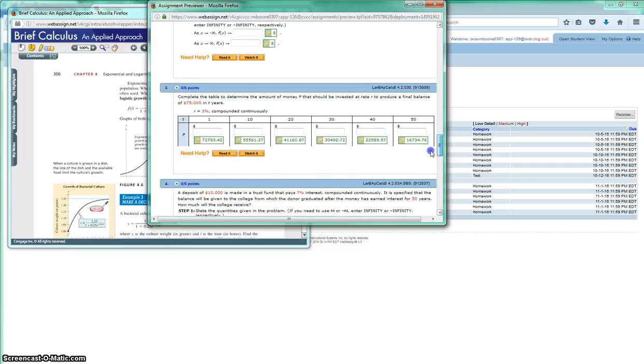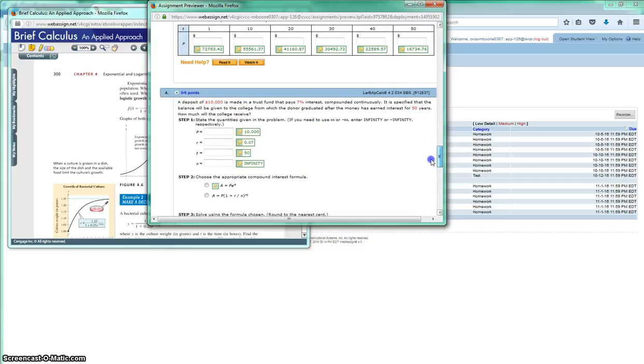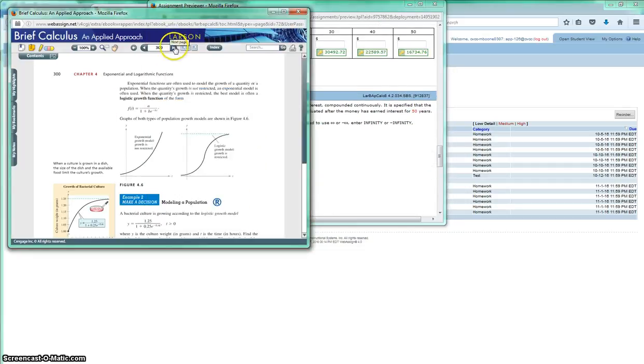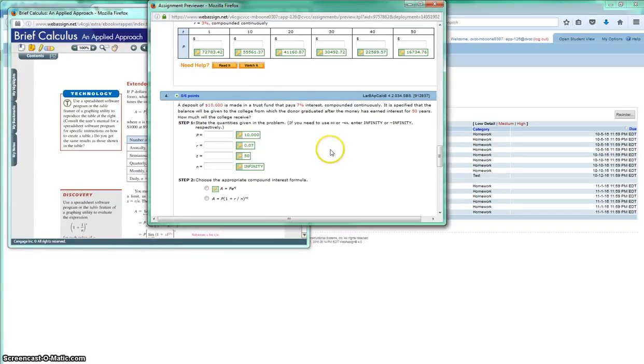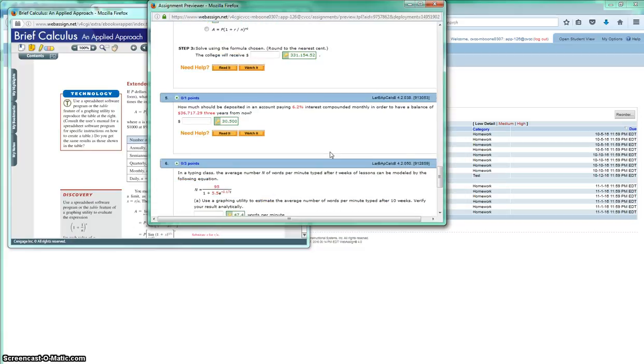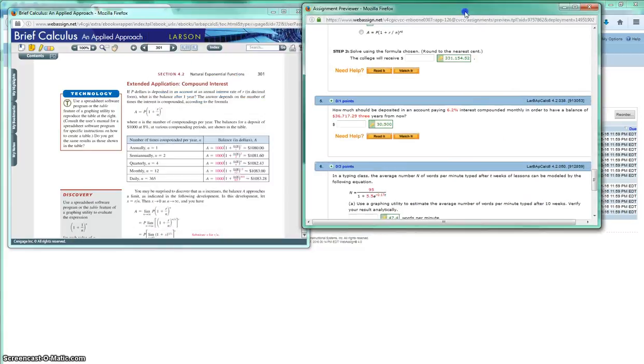When it comes to solving some of these, they also talk about compound interest. We could look at these compound interest equations to figure out what the rate is on problems. One thing I want you to be aware of is that sometimes we can manipulate Desmos to help us out.